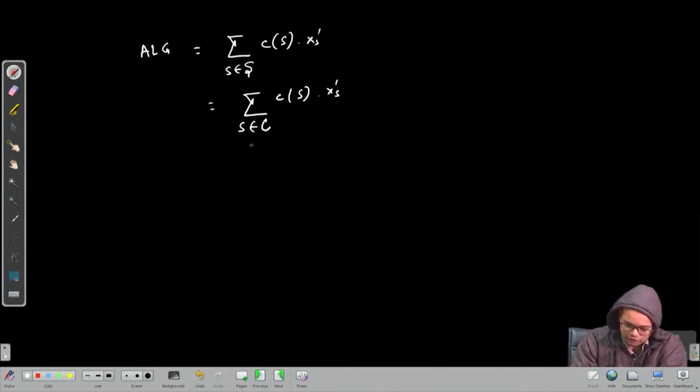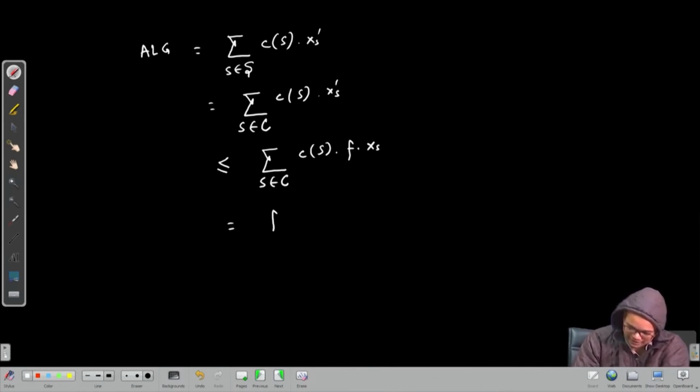But for the sets picked, their corresponding x value is at least 1/f. This is less than or equal to the sum over S in C of c_S times f times x_S.